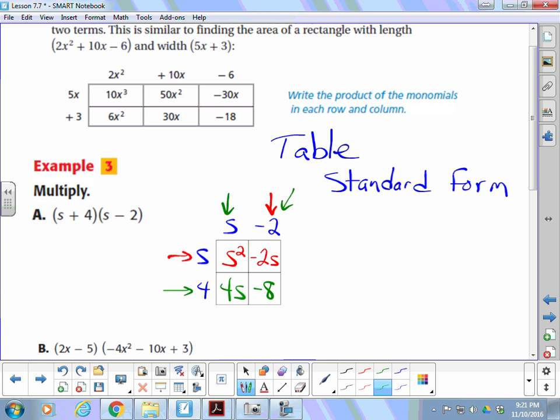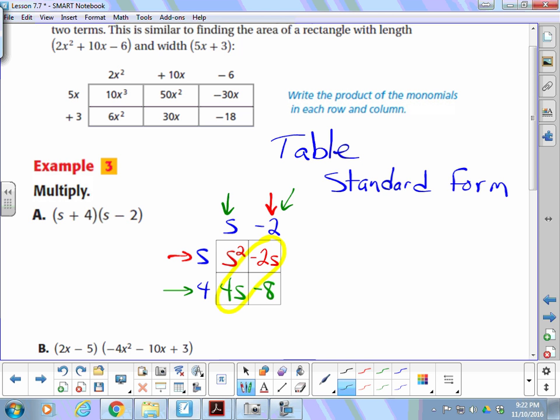So we set it up first of all so it's in standard form, largest term to smallest, and then we label our columns and our rows according to the terms. Now when you look at this, your like terms should be on diagonals. Right? Remember, like terms are the ones that have the same variable and same exponent.